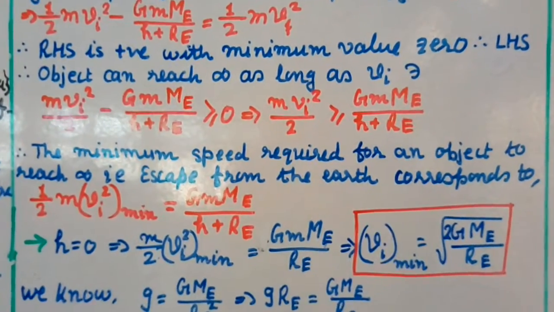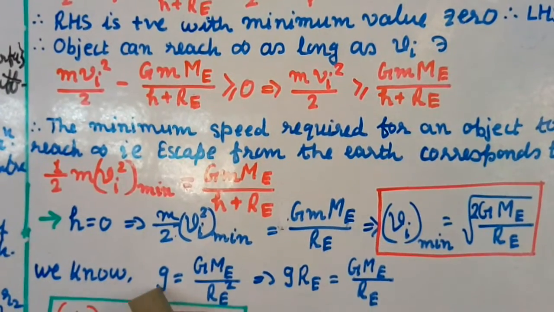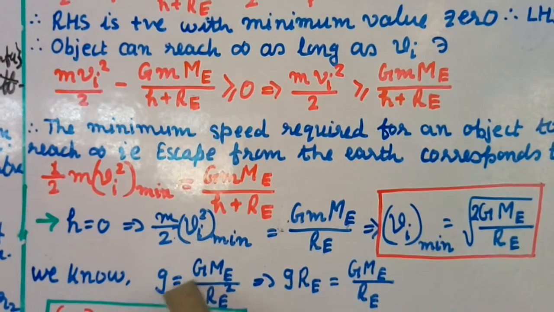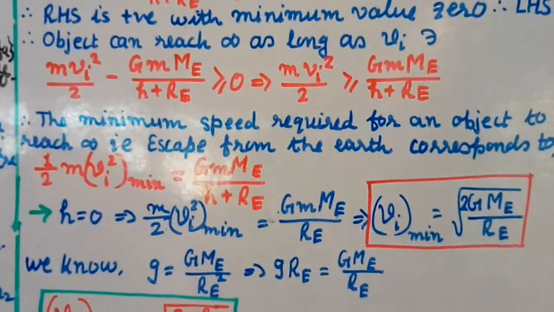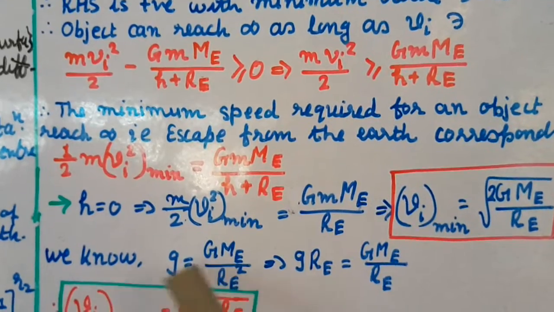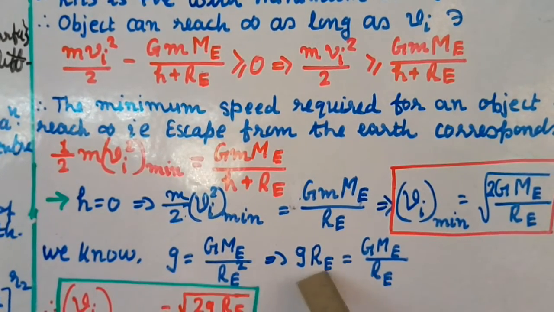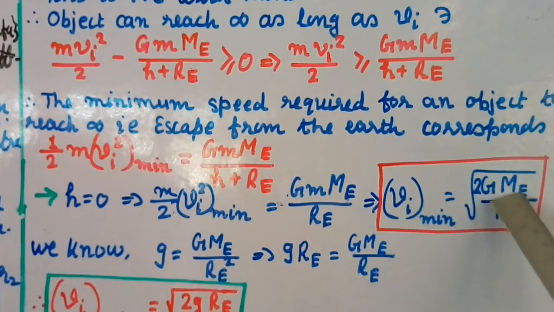But we have one more relation, and we shall use that. We know that g, this is acceleration due to gravity, g equal to G Me by r square. We have derived this previously. So g is equal to G Me by r square, from there one Re you take and transfer over here. So g Re equal to G Me by Re. Now here G Me by Re is there, right?